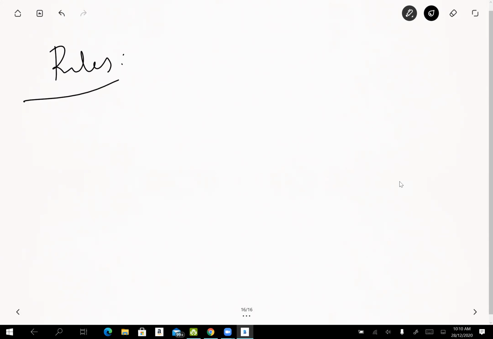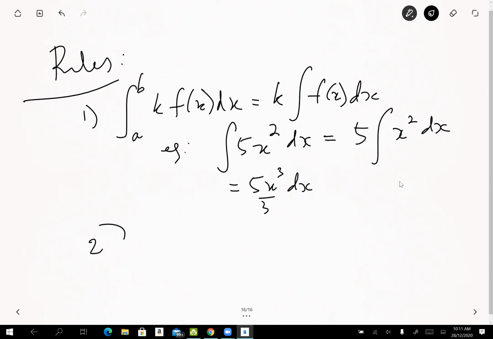Now, rule number 2 we call the sum and difference rule. If we have two functions or two terms in x, let's say you have the integral of f of x plus g of x dx, and you want to integrate those two functions.